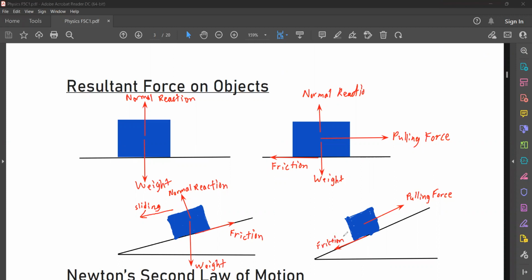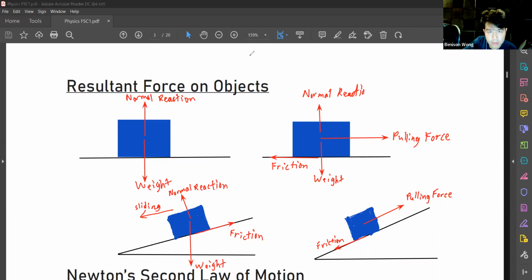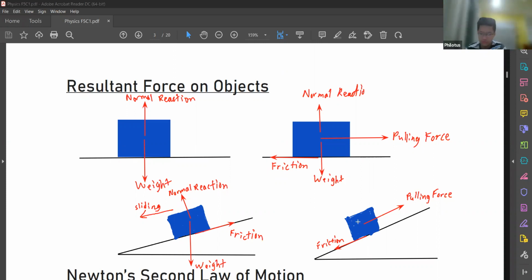Okay, what other forces are acting on this object? Is there weight? Yes, there is weight. You have weight. Okay, what else?